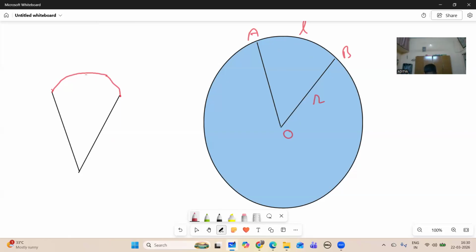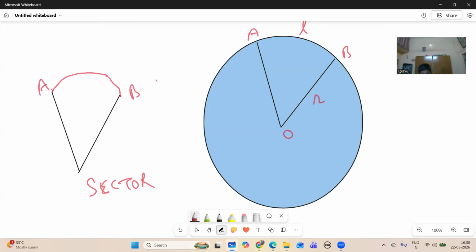That part is called a sector. Out of this circle, I'm taking the portion formed by this arc from A to B.